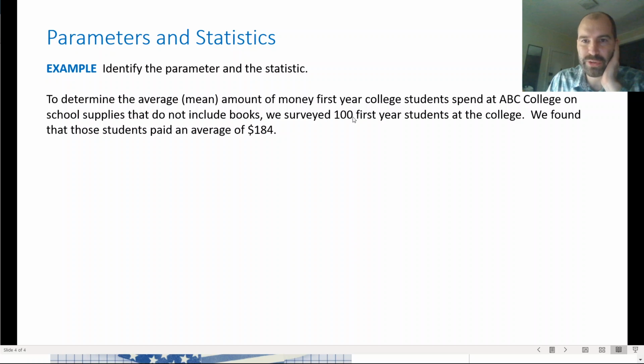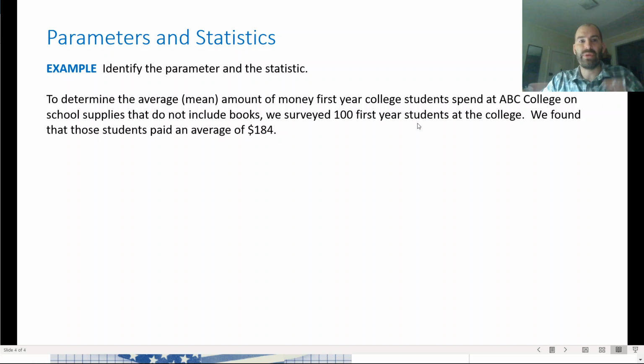We surveyed 100 first-year students, so the sample is the 100 first-year students. What did we measure from that sample? We took the mean amount that those students paid, and we came up with 184. So that's the statistic. The statistic is based on the sample. I know it's a statistic because it's an average based on the sample. Statistics don't always have to be averages, but it's a numerical measurement based on the sample.